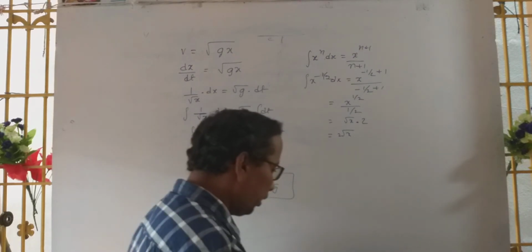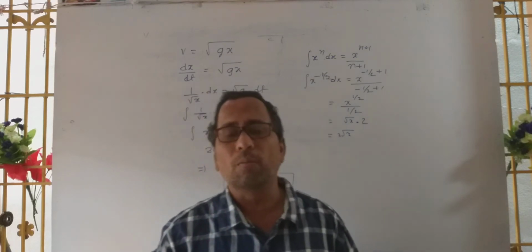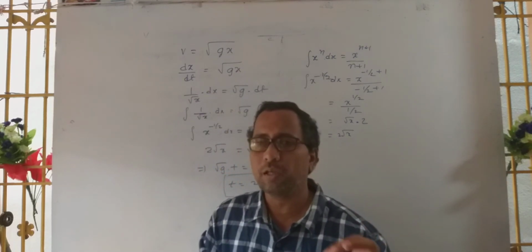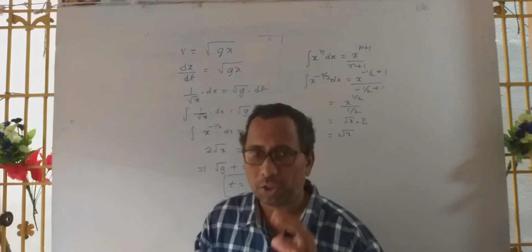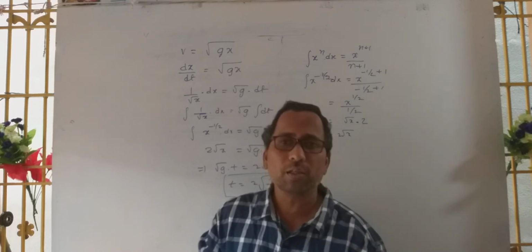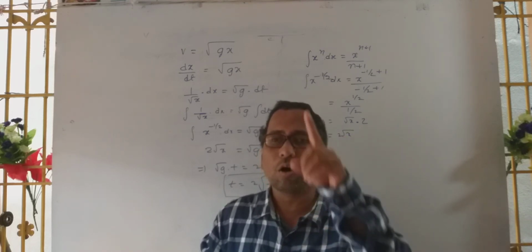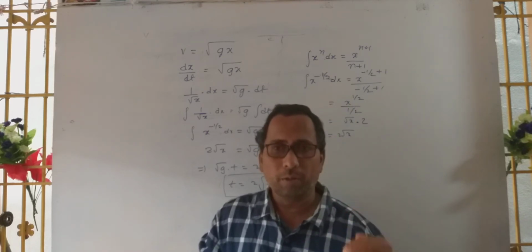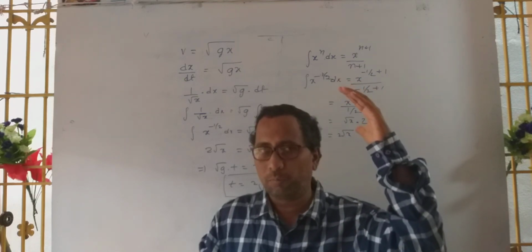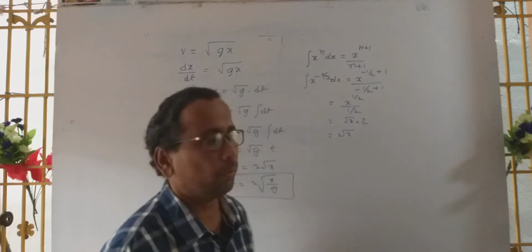This is a very important formula. So time required to travel from A to B is 2 root of x by g. If we consider the total length, then instead of x you can write L: 2 root of L by g. Time required to travel from bottom to top. That is a concept.